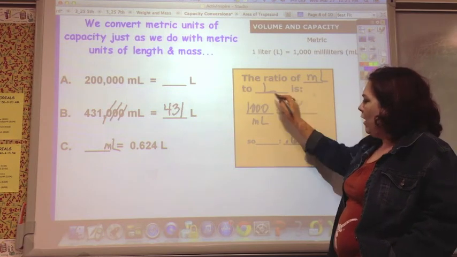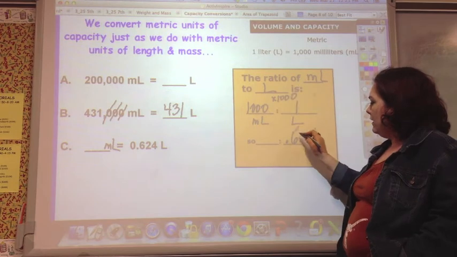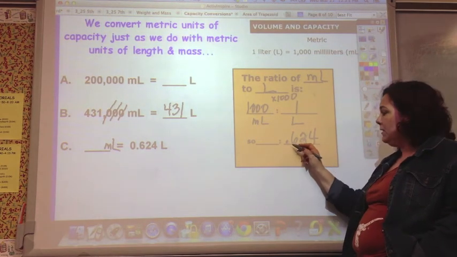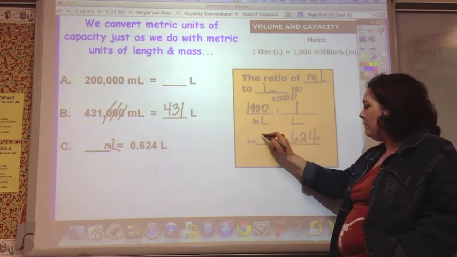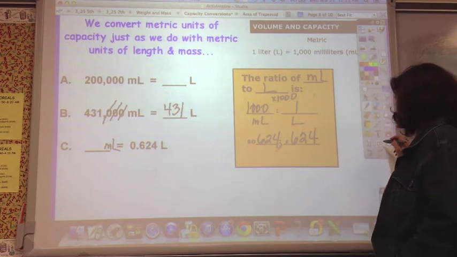And to go from 1 to 1,000 is times 1,000. And so times 1,000 is the same as moving this decimal point 3 places to the right. 1, 2, 3. 624.